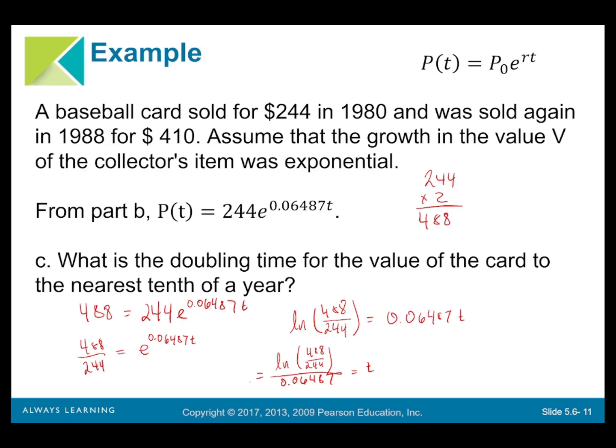So that equals 10.7 years, which of course is going to be 1990. Right, we take 1980, we add 10.7, I guess it'd be 1990.7, but that doesn't make a ton of sense as a year, so we'll call it 1990. And that is when the value of the card will actually double.